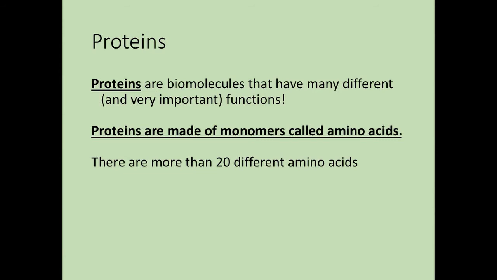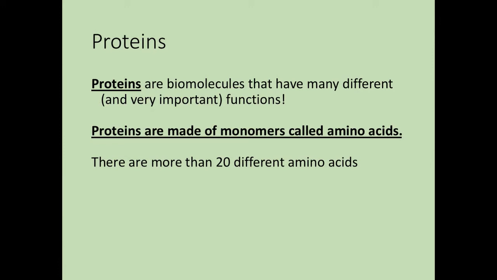Proteins. They have a lot of different functions. Proteins do a lot of different things for us. There are proteins in cell membranes that let things in and out of cells. You've obviously got moving proteins like your muscle proteins. We've got proteins that move individual cells.